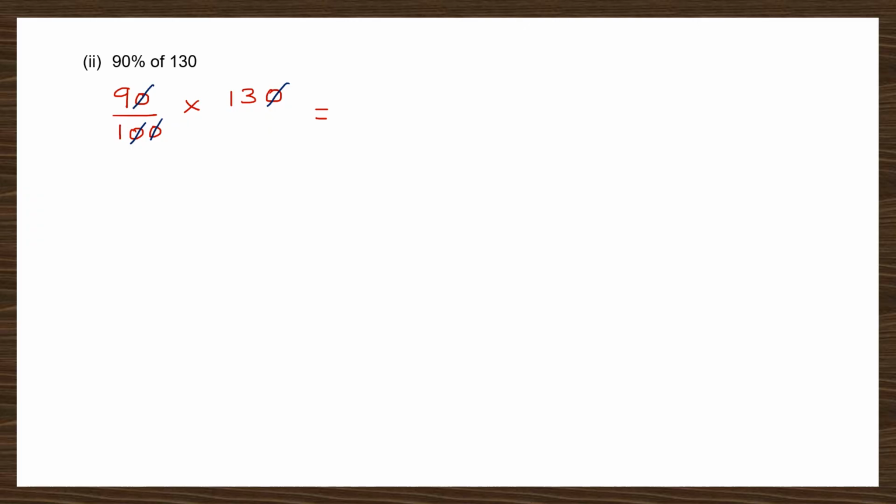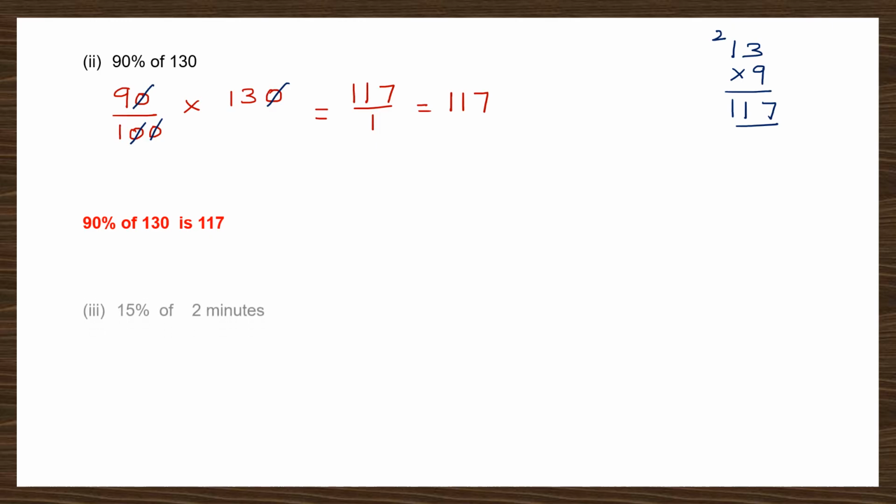So let's multiply 13 into 9. 9 threes are 27, I carry 2. 9 ones are 9, 10, 11. 117 by 1. Or it's simply 117. So 90% of 130 is 117.